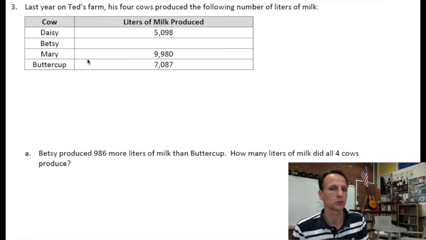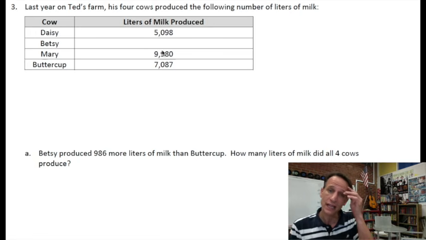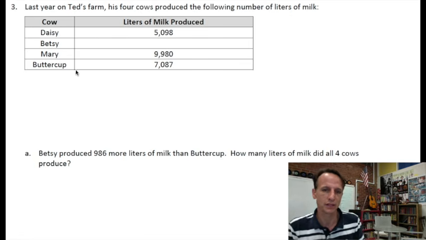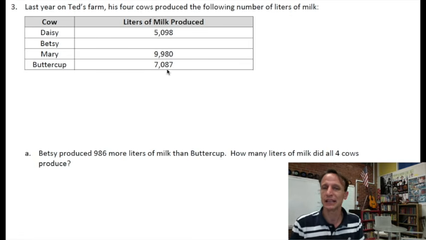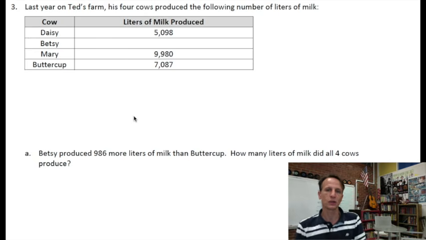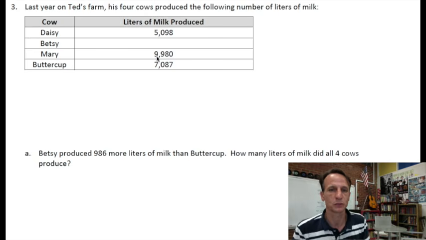Okay, so I guess we're going to be looking into that. Mary produced 9,980 liters of milk. Good job, Mary. Buttercup, 7,087 liters of milk produced. Commendable, Buttercup. So I guess we're going to be trying to find Betsy here.